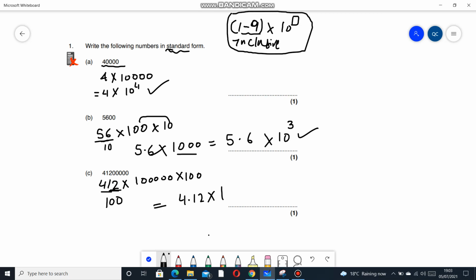That will give you 5 zeros before, and then 2 more zeros. But I'm not done yet because it needs to go with 10 to the power. So how many zeros are there? 1, 2, 3, 4, 5, 6, and 7. So it will become 10 to the power 7.